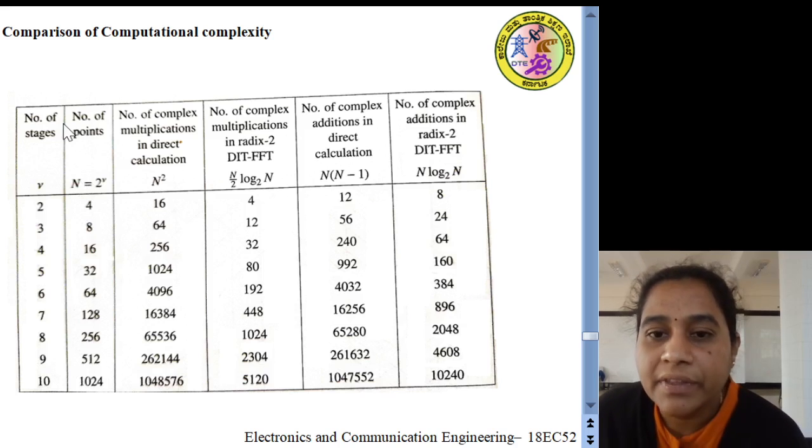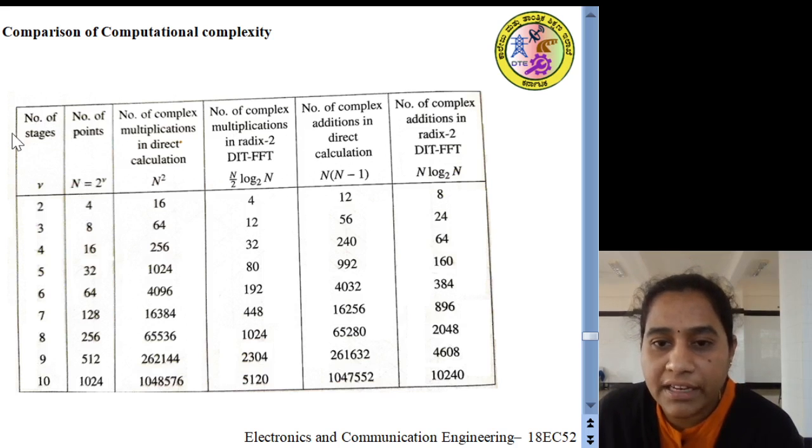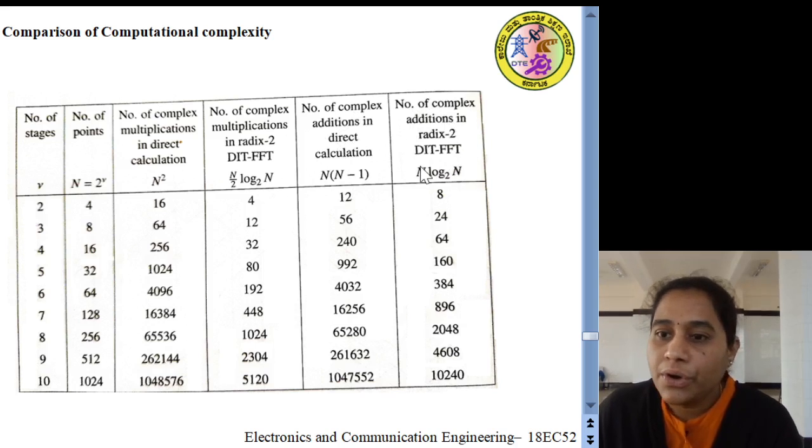We can see here these are the number of stages, these are the number of points. This represents the number of complex multiplications in direct computation, here the number of complex multiplications in radix 2 DIT FFT, here the number of complex additions in direct calculation of DFT, and this represents the number of complex additions in radix 2 DIT FFT algorithm. For nu equal to 2, n is 2 power nu, which is 4.